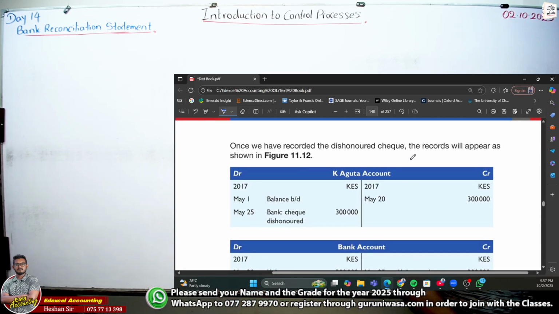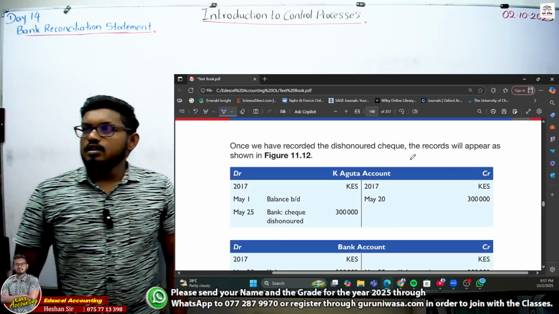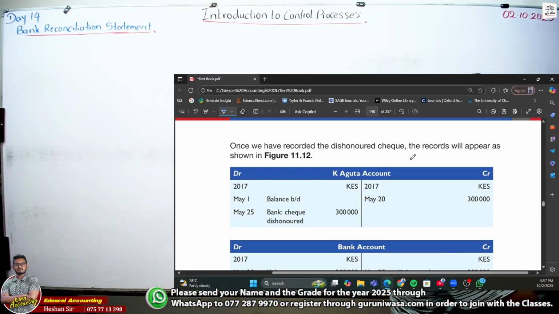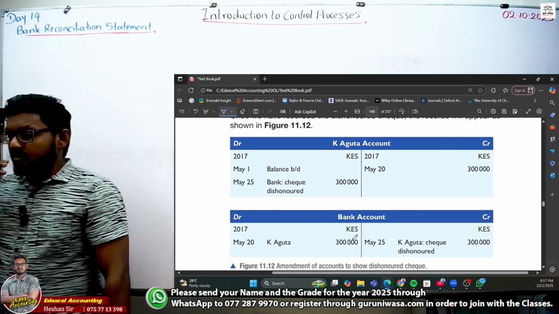Once we have recorded the dishonored check, this will appear as follows. Now, once the check is dishonored, we need to remove the credit entry. To remove the credit entry, we need to debit it. Also, we debited the bank account because our bank balance increased. Why do we debit the bank account?